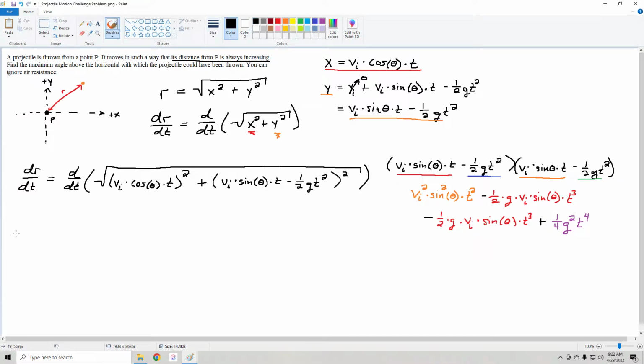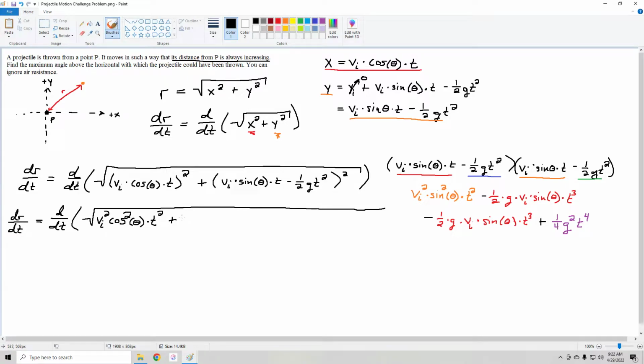So let's incorporate all of that, just so we can see how the chips are falling together. I'll rewrite this, pretty long. We have v squared cosine squared of theta times t squared. We also have plus v initial squared sine squared theta times t.